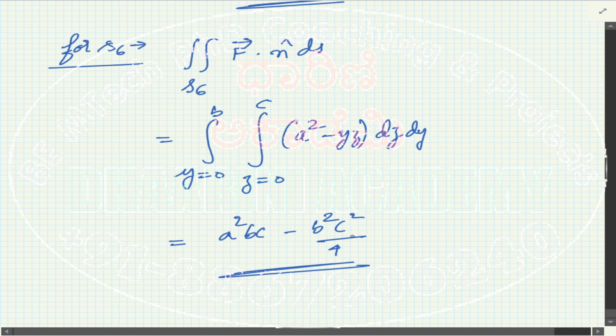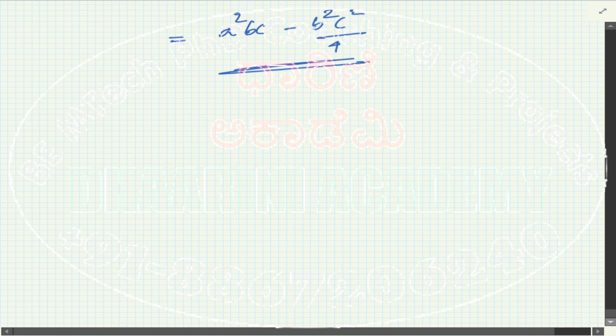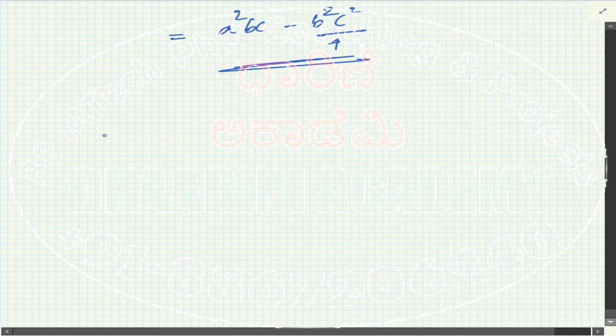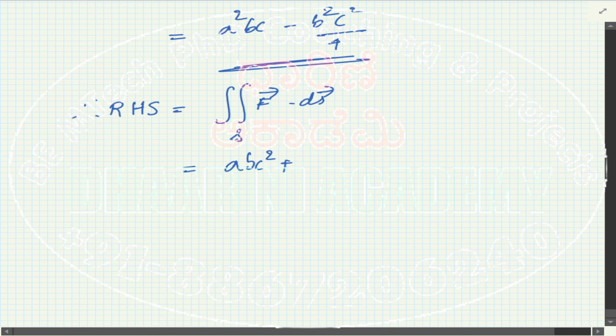So which means now I need to calculate the overall value, that is from each and every integral that we have performed so far, we are going to get this answer. That is, therefore the RHS is equal to the double integral over S, this is vector f dot ds, should be equal to, see the first term we got a b c square, second term we got a c b square, and the last term is a square bc.